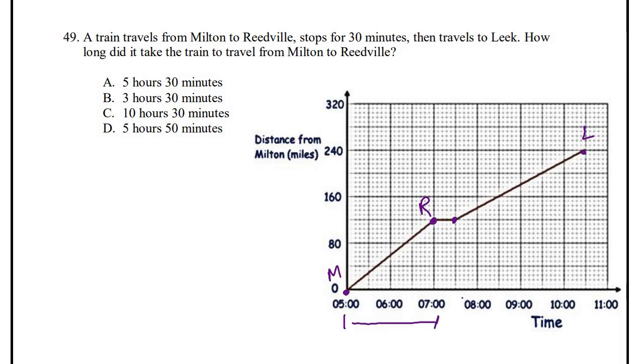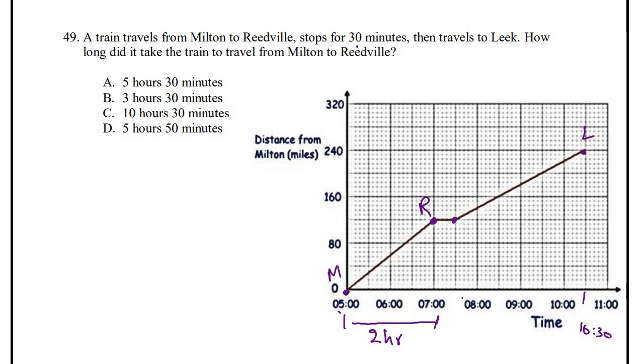So to reach from Milton to Reed Valley, the train takes 2 hours. And if we find the time from Milton to Leek, it reaches at 10:30. So this means that 5 hours and 30 minutes the train takes to reach from Milton to Leek.